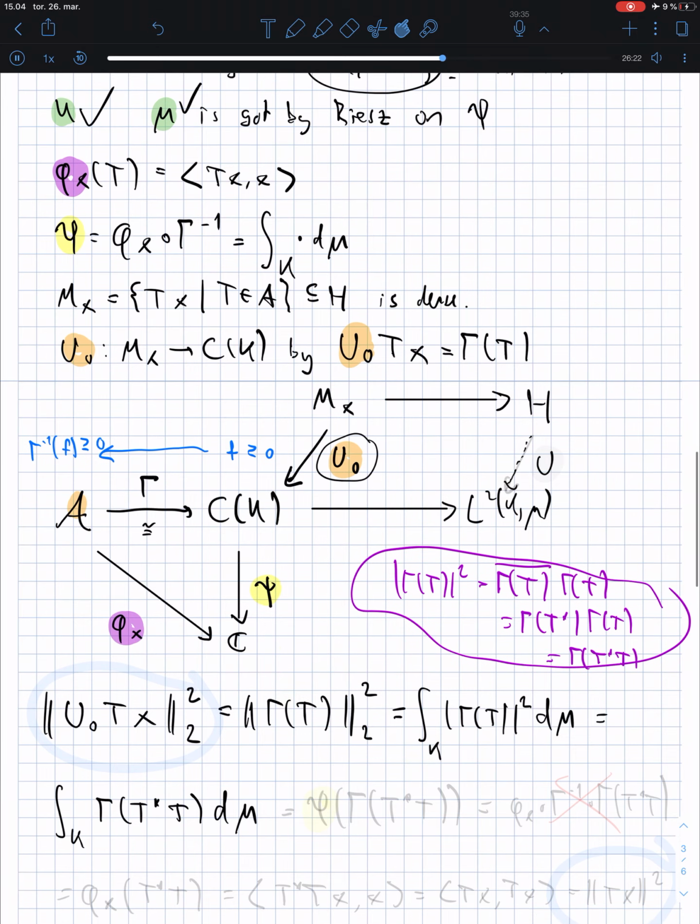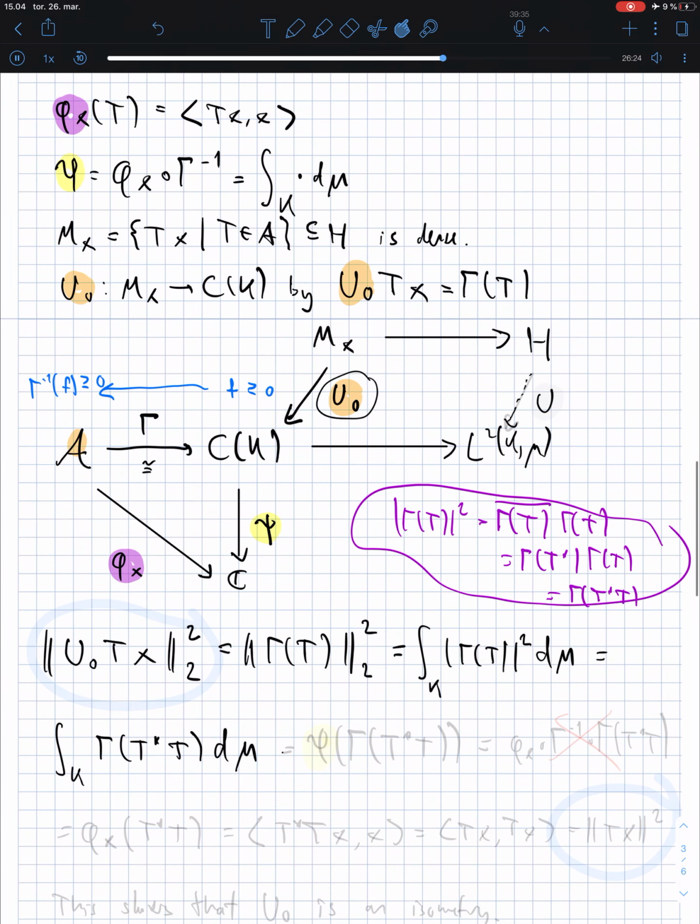So continuing on down here, what is this? Well, we've seen that integrating up against mu is the same as using psi, right? So this is psi of gamma of T star T. But what is psi of gamma?